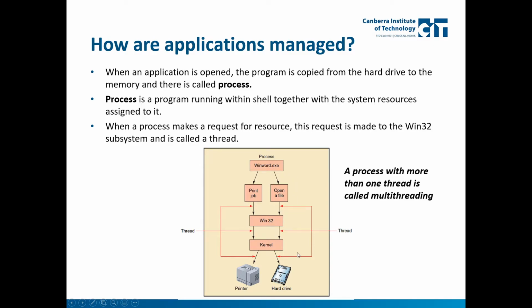One of them contacts the hard drive to get the file, the other contacts the printer and tells it to print that file specifically that was retrieved from the hard drive. Because we're using two threads here, we call it multi-threading. So every time we need to access more than one resource within the kernel and we open more than one thread, we call it a multi-threading process.